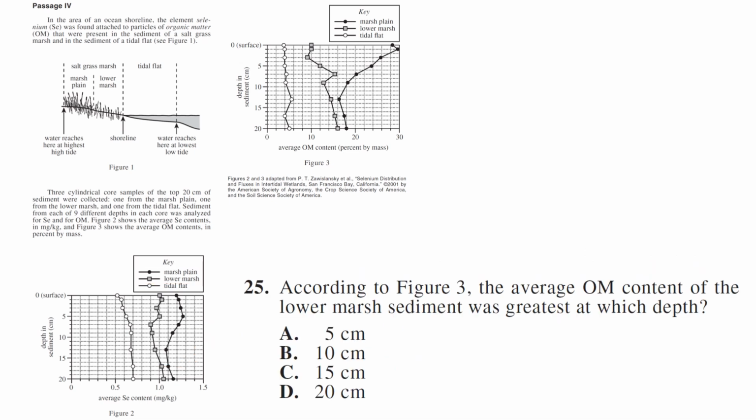According to figure 3, the average OM content of the lower marsh sediment was greatest at which depth? Okay, so we're looking at the square, and it's greatest at one of two places. It's either greatest here or here at the bottom, and actually slightly over this line, right? So the bottom is where it's the greatest.